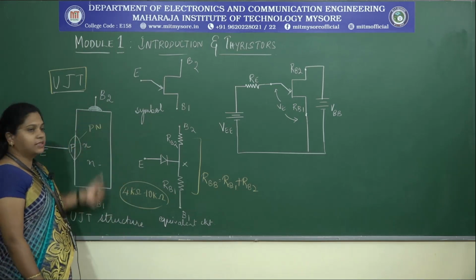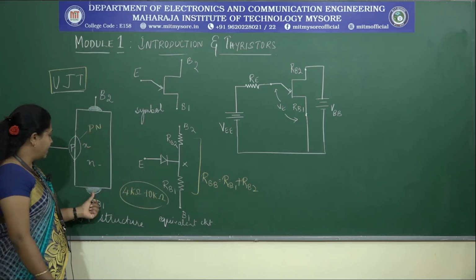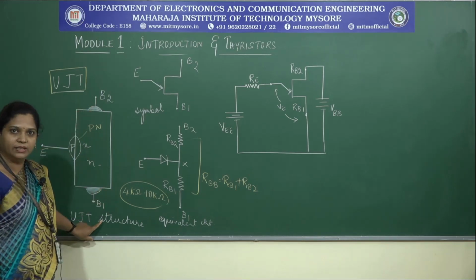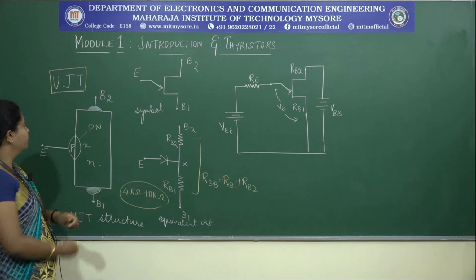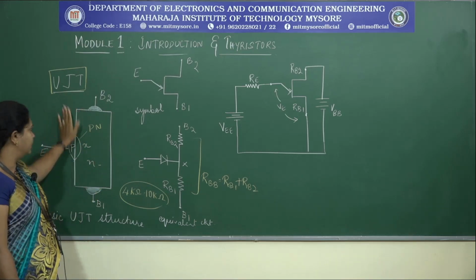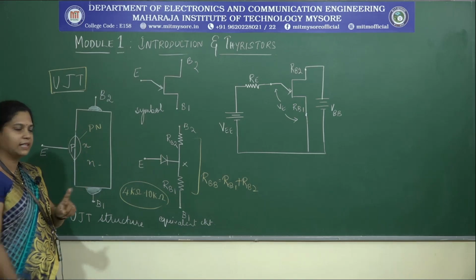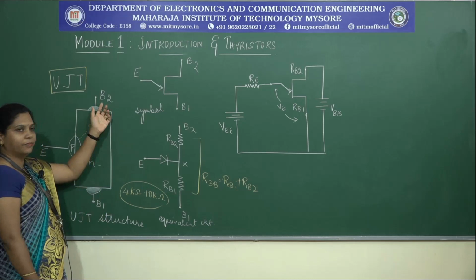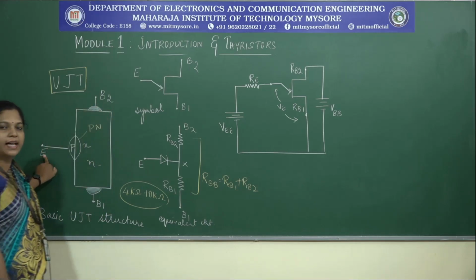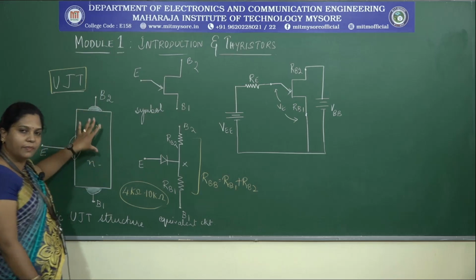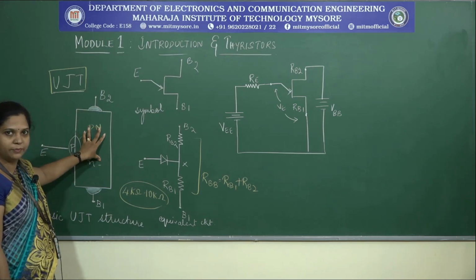The 2 bases are attached with ohmic contacts and 2 different terminals are given. So, in general, a UJT consists of one single PN junction and 3 terminals: base 1, base 2, and an emitter terminal. This constitutes the basic structure of a UJT.